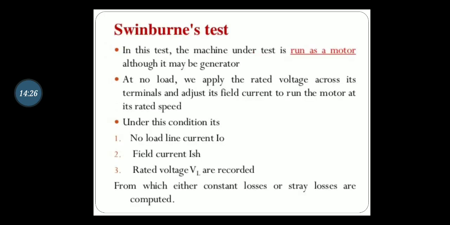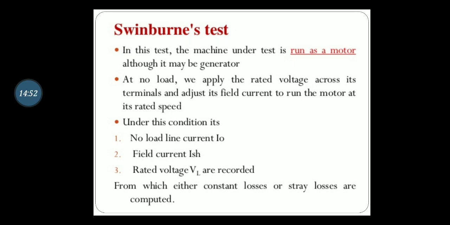Now let me discuss one type, that is the Swinburne test. This Swinburne test comes under the category of indirect methods of testing. In this test, the losses are measured separately and the efficiency at any desired load is predetermined.